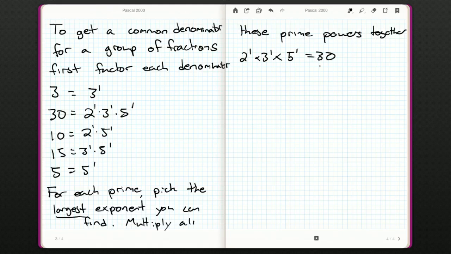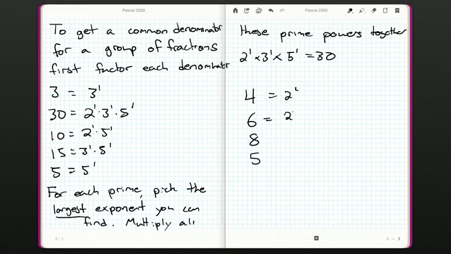So this doesn't seem to be a particularly interesting example, but suppose instead we had 4, and 6, and 8, and 5, and we want to find the lowest common multiple, the common denominator. Suppose these are the denominators of some fractions.